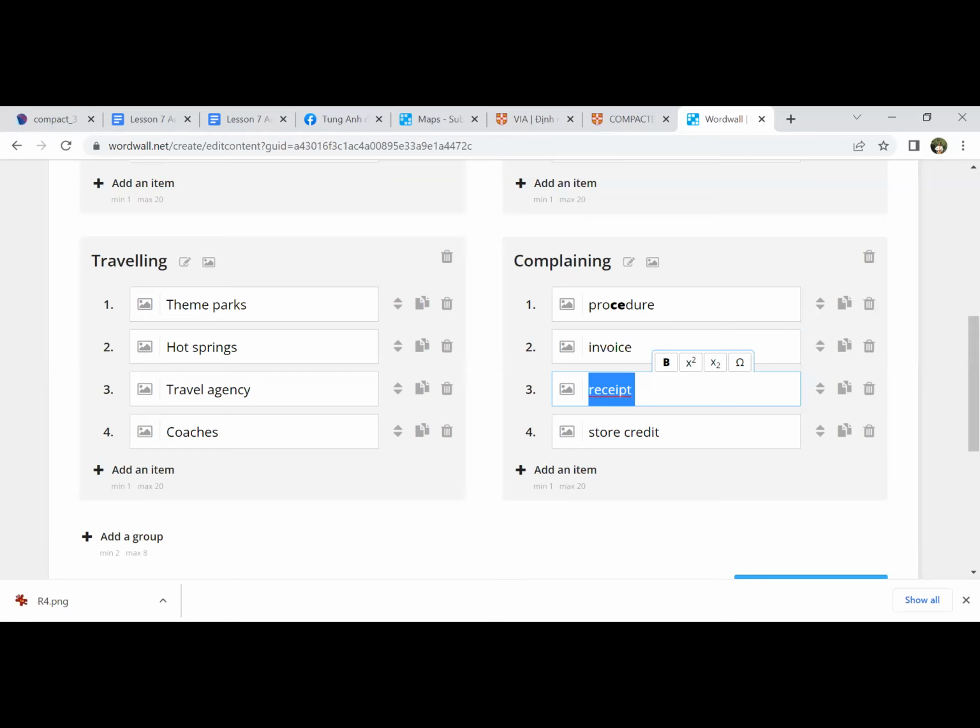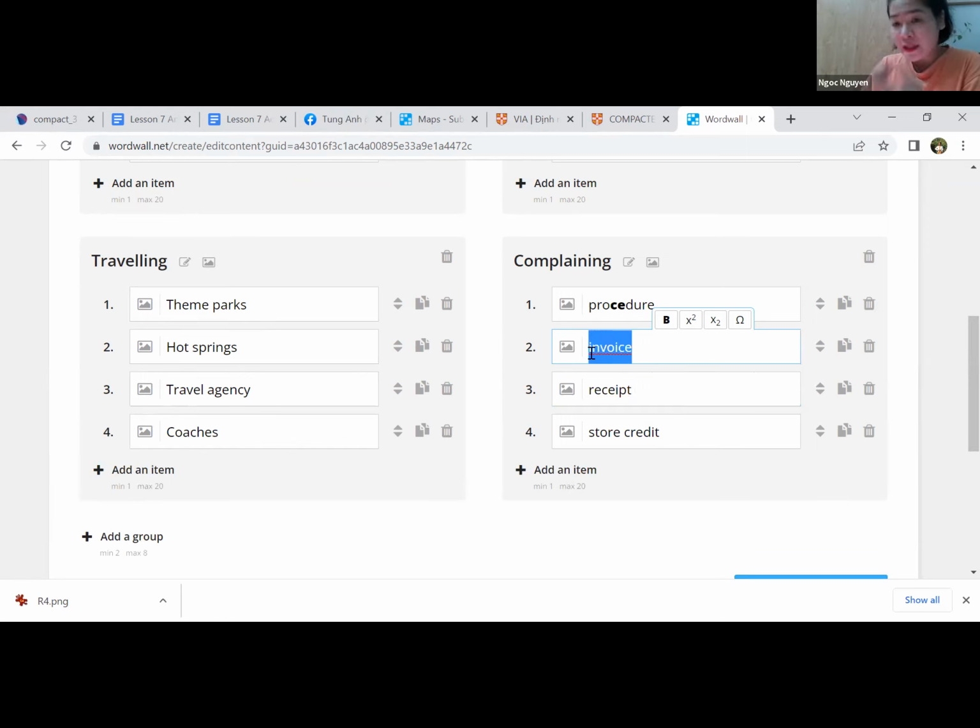I think a receipt is quite the same as an invoice. I'm not sure. Oh, well, actually, there's a little bit of difference between the word invoice and the word receipt. Here, you will receive an invoice because it is a bill, and then you will need to pay money.